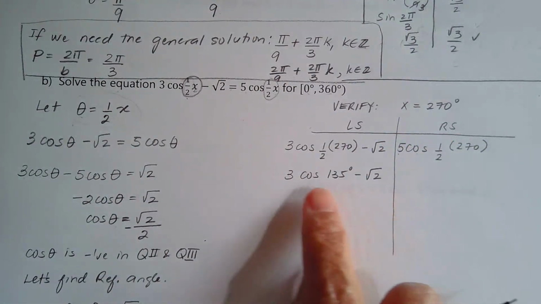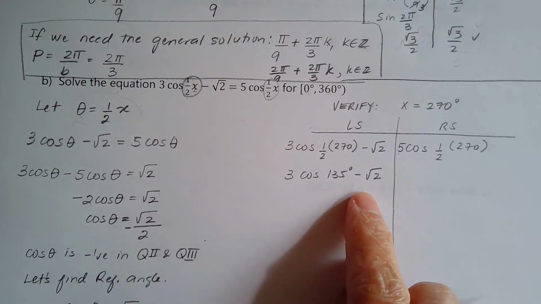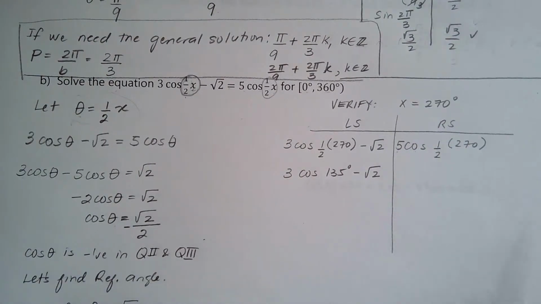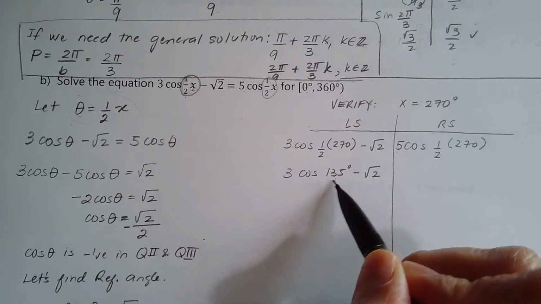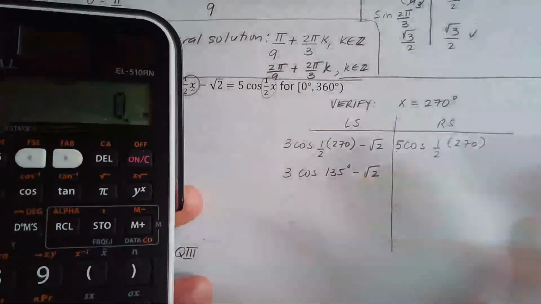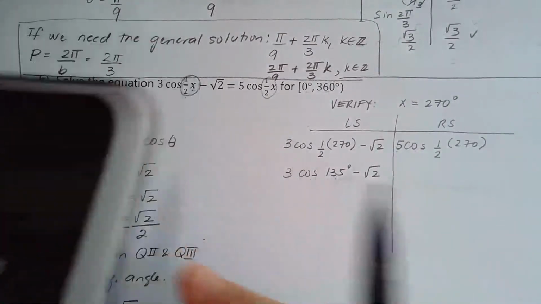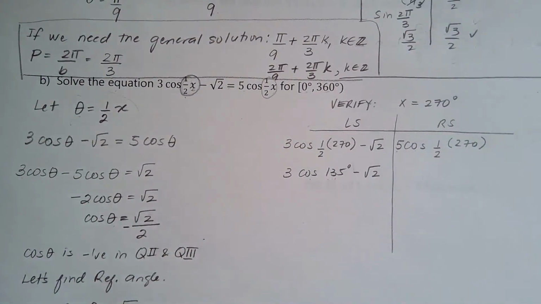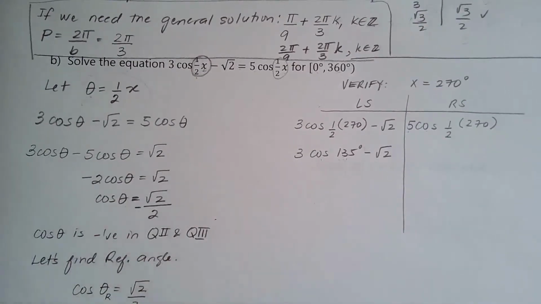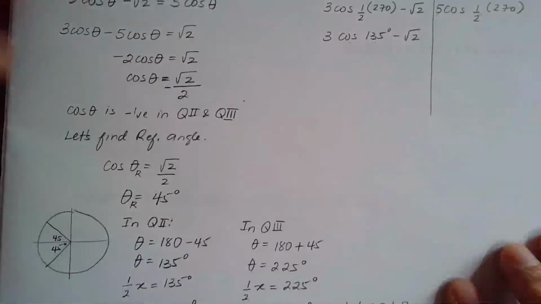So it's going to be 3 cos of 135 degrees. We can just do our calculator here, or we could also do the exact value. So 135 degrees is right in here.